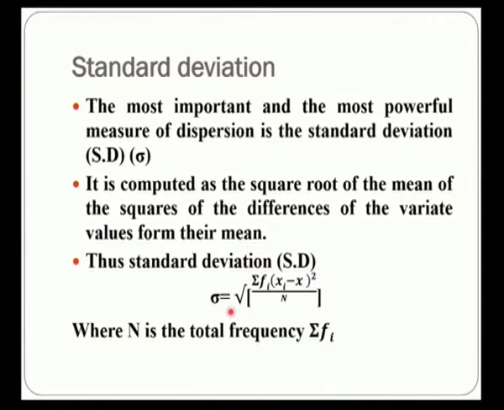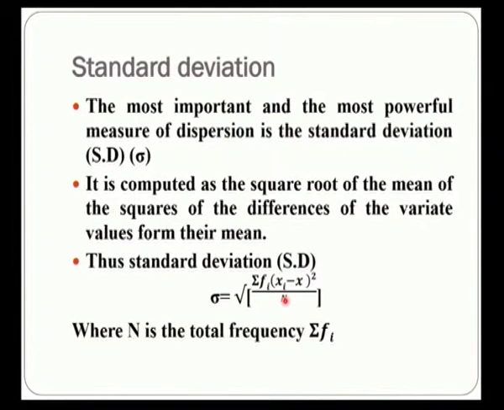From the mean, how the samples are deviated can be learnt using the standard deviation formula. So, thus standard deviation sigma is equal to square root of sigma fi into xi minus x bar square over n. So, this is the formula to calculate the standard deviation.